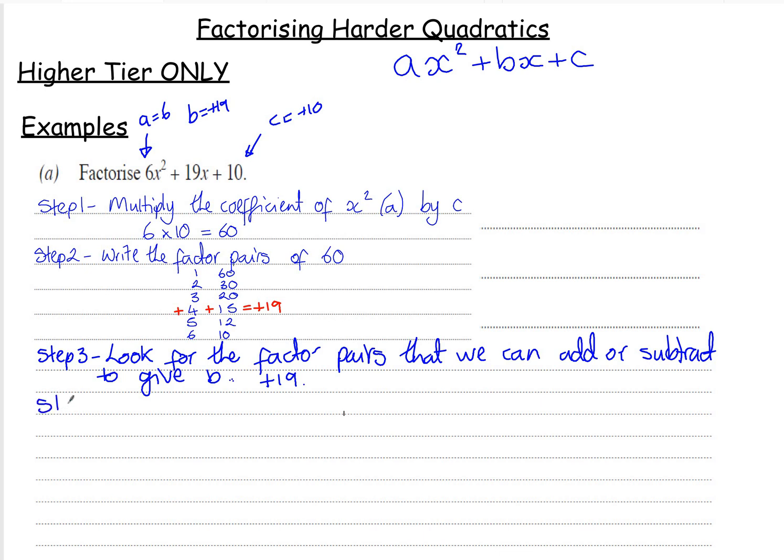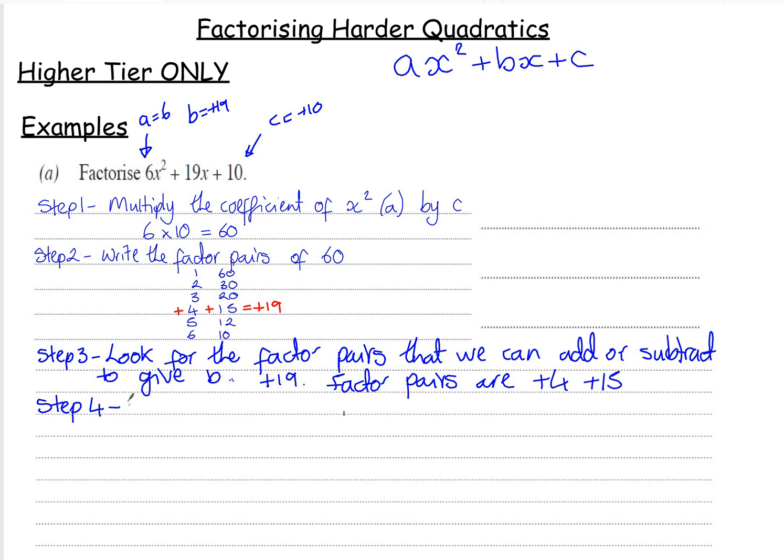So step 4. The factor pairs that we're going to be using are plus 4 and plus 15.